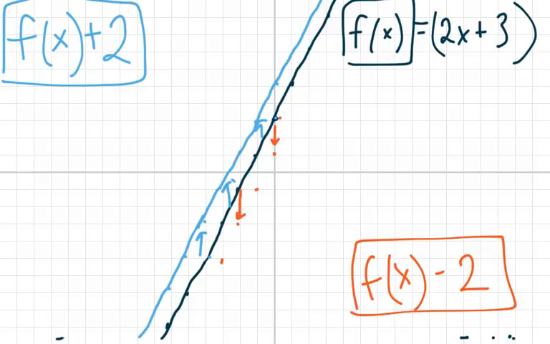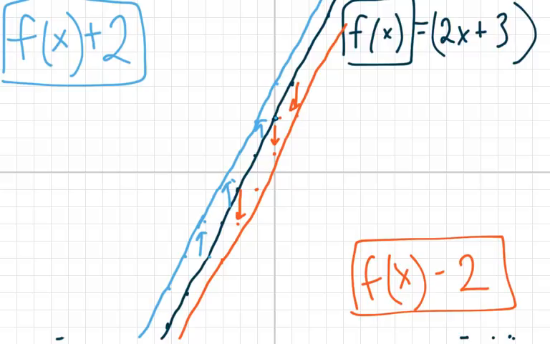So all I'm doing is essentially moving this whole line down by 2 and I'll get a graph. So it should go through the point there, but the idea is that all the points on the graph, the x value doesn't change, but they just drop straight down by 2.